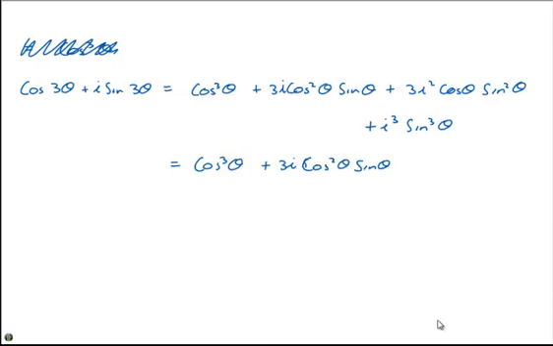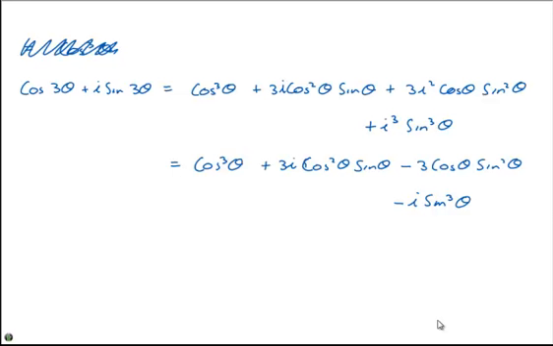So nothing happens for the first two terms. i squared though is minus 1, so it's going to be minus 3 cos theta sine squared theta. And then i cubed. Well, i squared is minus 1 multiplied by i, so that's going to be minus i sine cubed theta, and that's it multiplied out.